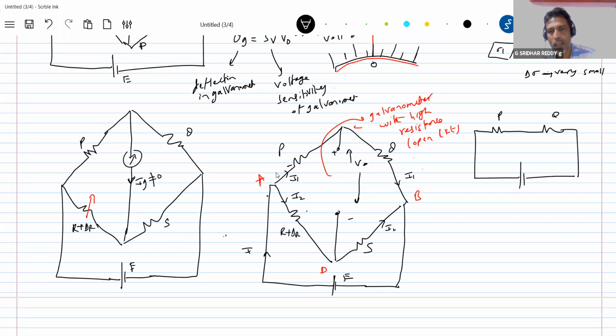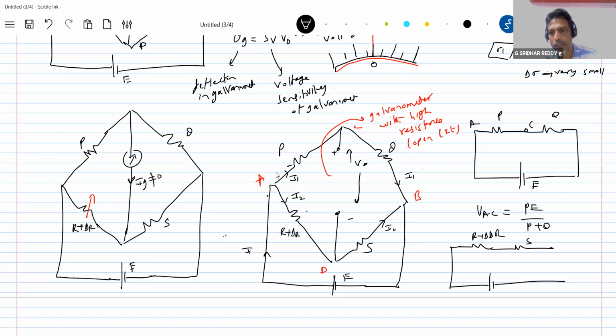So I want the drop VAC. According to the potential divider formula, what do you write? VAC is E times P by P plus Q. Similarly, for the lower part of the circuit, R plus delta R, this is VAD.